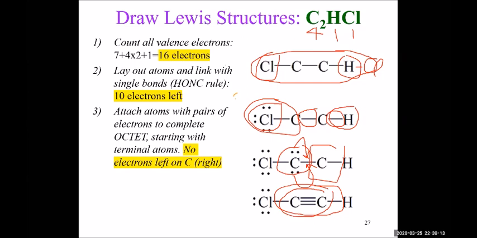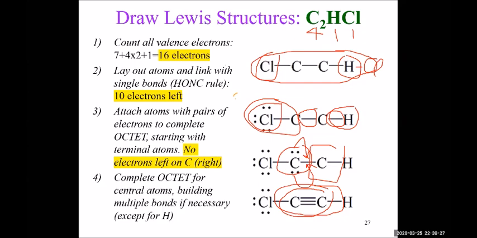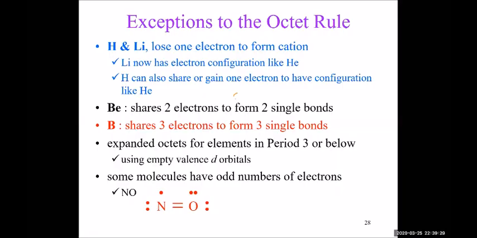This is a third example, run a bit faster, but as you see more examples and do more practice, make sure to follow those 4 steps in building structures. The exceptions: in our lecture, Chem 2A, we don't deal with exceptions, but keep in mind there are exceptions for some elements. Beryllium and boron tend to be below 8.